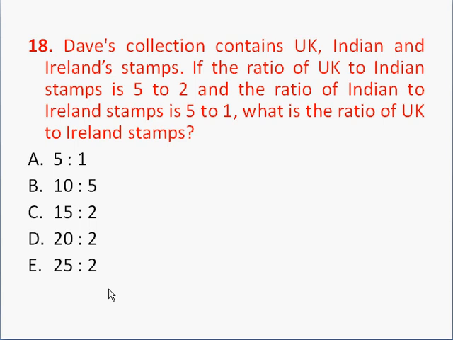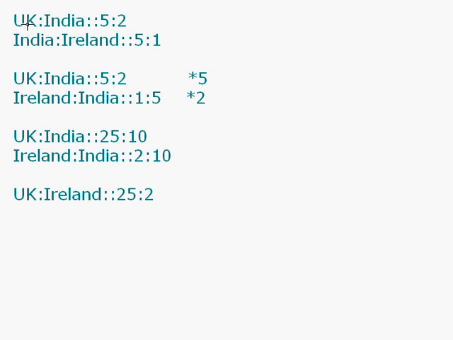So what we did in this particular question was, Dave's collection contains UK, India and Ireland stamps. The ratio for UK to India is given and India to Ireland is given. So we wrote UK to India as 5:2, India to Ireland as 5:1. Now we moved India to the second place. So again we wrote the two ratios, UK to India as 5:2 and Ireland to India as 1:5.